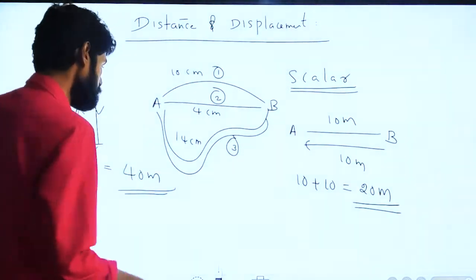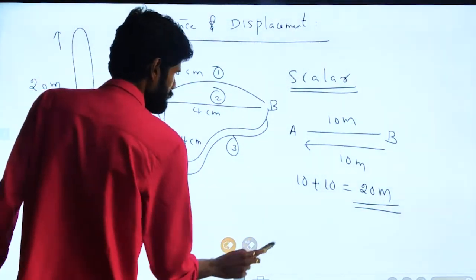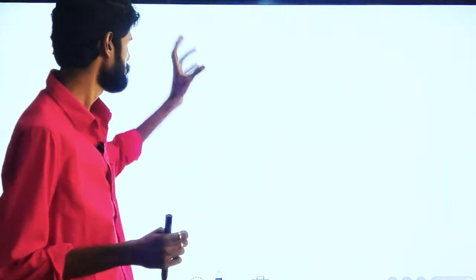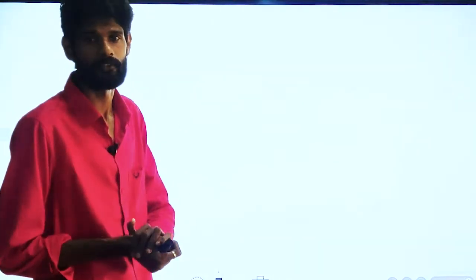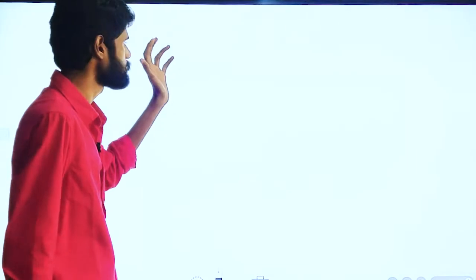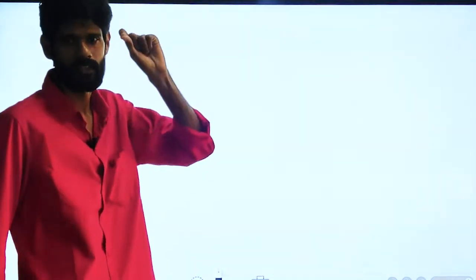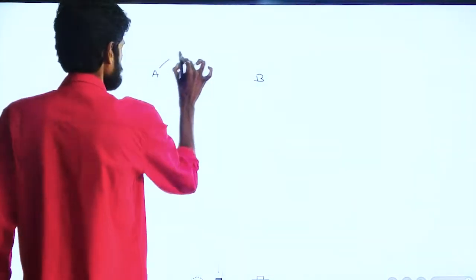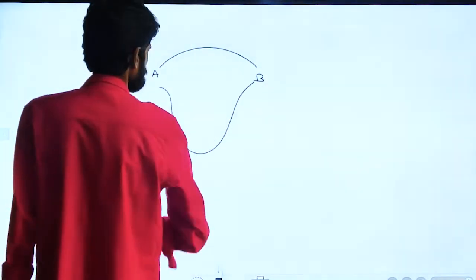Then how to find displacement? Displacement is the directional distance between the initial and final positions of an object. To find the displacement, we need two positions, the initial position and the final position. Suppose in the above example, A and B, these are the different paths.